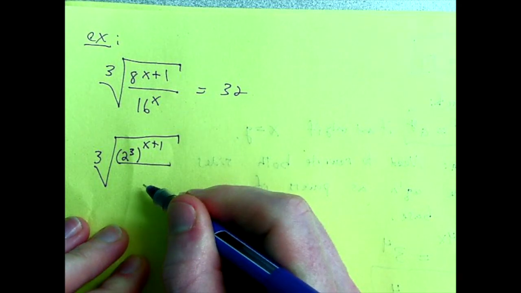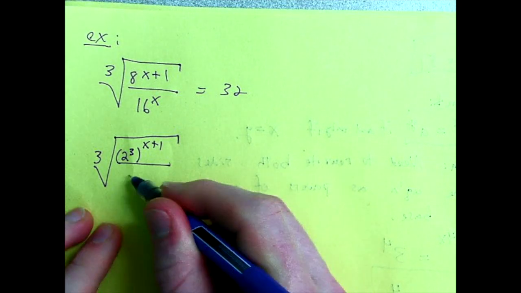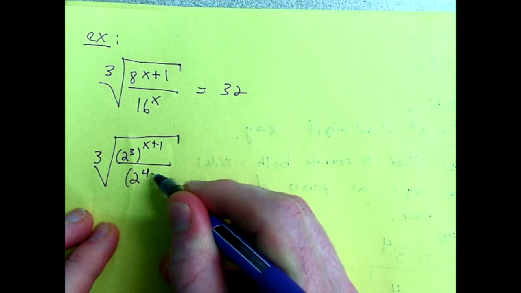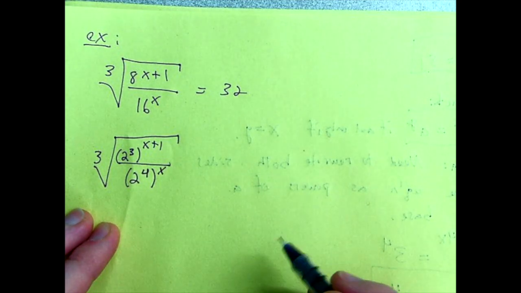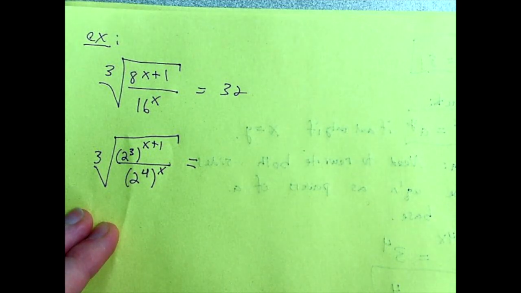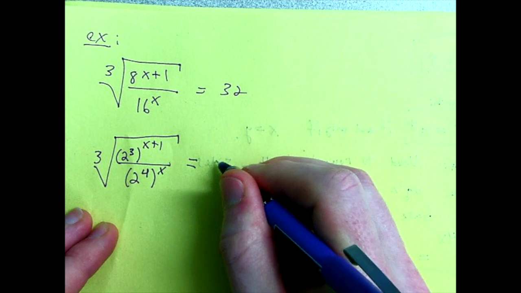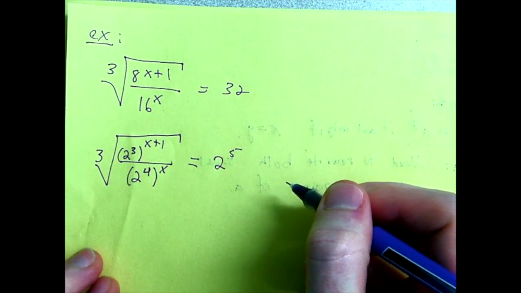Well, what is 16? It's 2 to the 4th, isn't it? 2, 4, 8, 16? Yeah. So that's 2 to the 4th raised to the x, right? And then over here, 32, I'm going to replace that with 2 to the 5th, isn't it? 2, 4, 8, 16, 32, yeah.